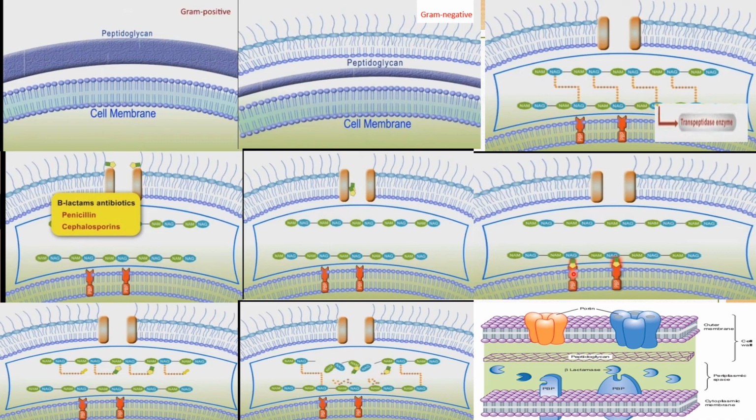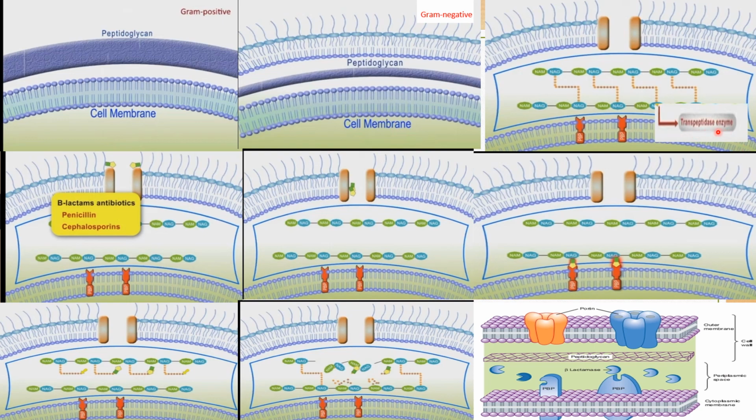These beta-lactams attach to these penicillin binding proteins. Once they bind, they get activated. When these beta-lactams get activated, they go back into the peptidoglycan chain, and here they inactivate the transpeptidase enzymes.